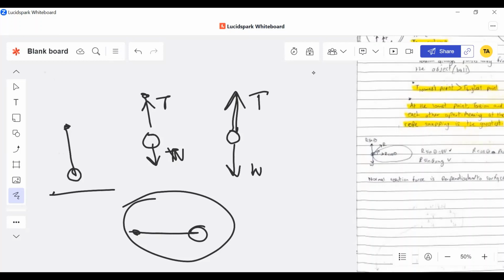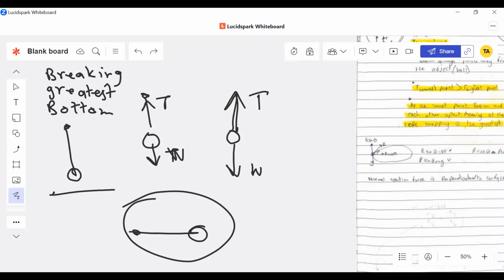So the breaking point of a rope is greatest when it's at the bottom. The rope will break the most at the lowest point because tension and weight are opposing each other.